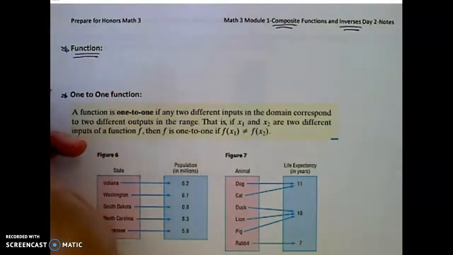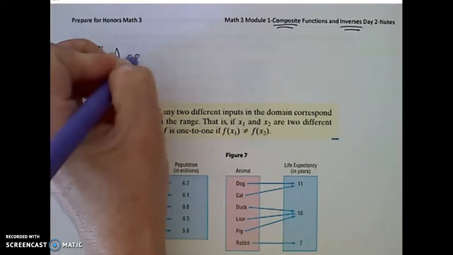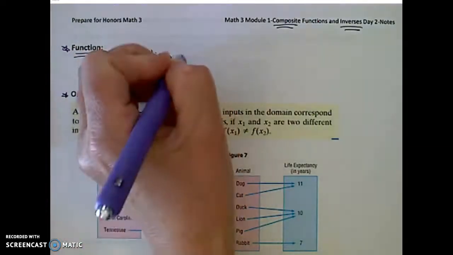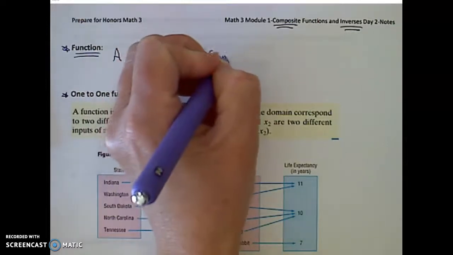Remember what a function is. A function is a relation, some relationship.